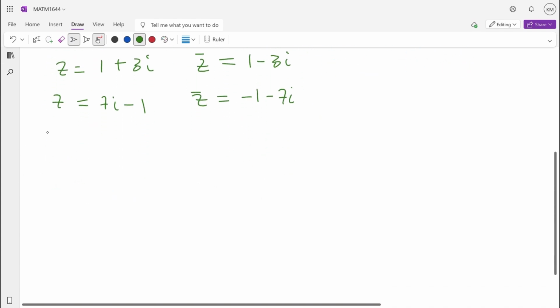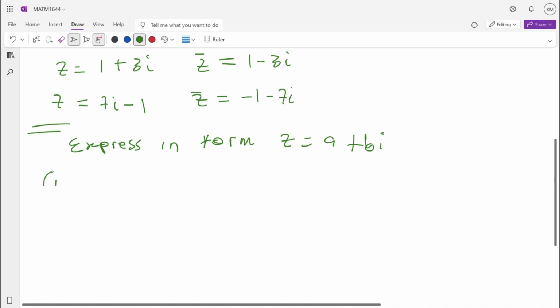Let's proceed and look at a few examples where we need to express in terms of the standard form. We should express the following in the form Z equals a plus bi. Let's look at the first one.